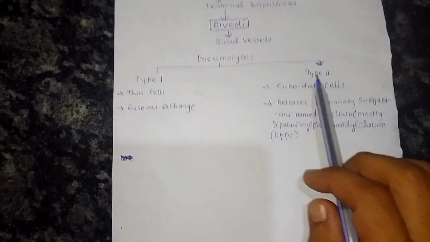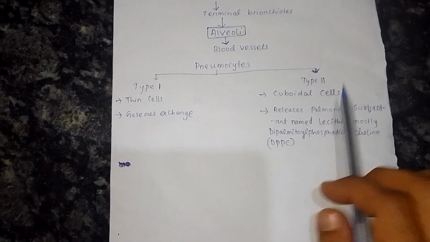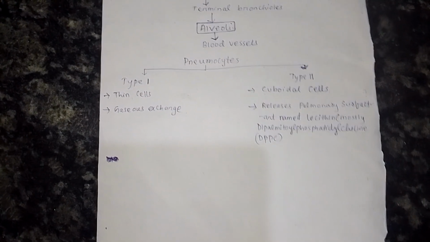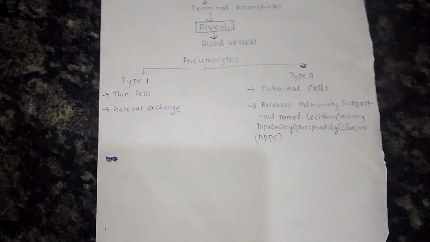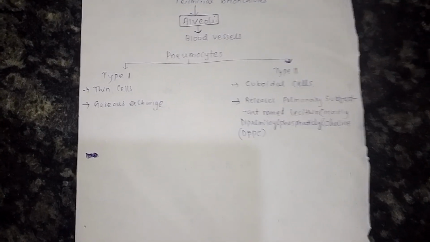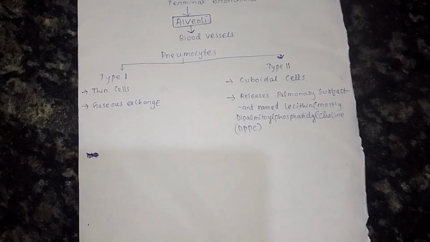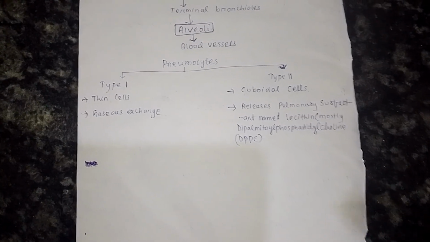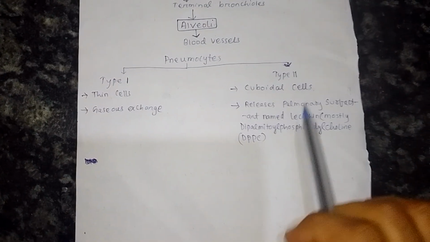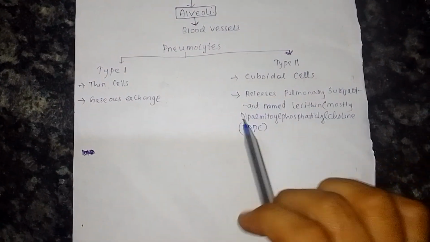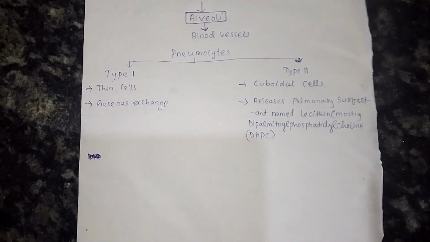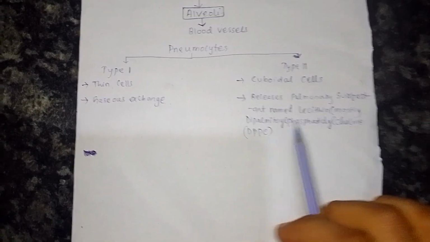And type 2 are cuboidal cells, and these cuboidal cells reduce the surface tension of the alveoli so that the alveoli do not collapse during inspiration and expiration. This is done by the type 2 cells by releasing a fatty substance known as lecithin, and here the lecithin is most commonly dipalmitoyl phosphatidylcholine, also known as DPPC in short.